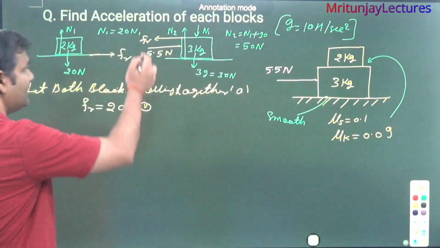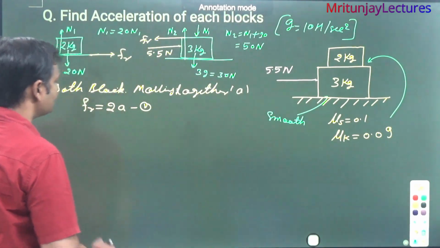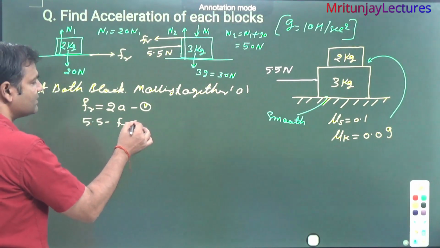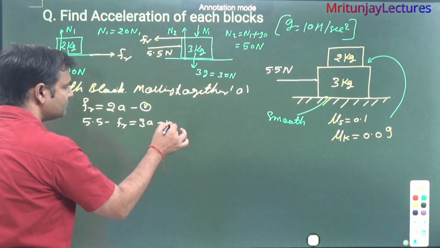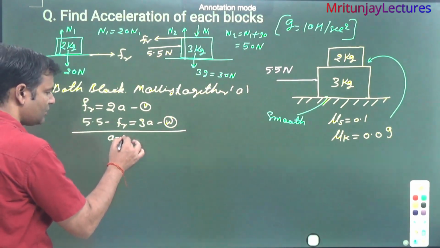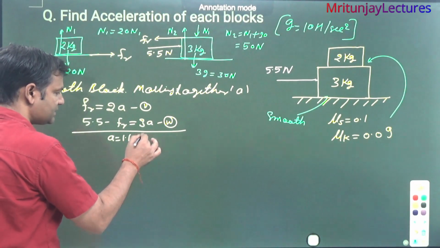So call it Fr. You can say 5.5 minus Fr equals 3 into A. If both are added together, we get A equal to 1.1 meter per second square.